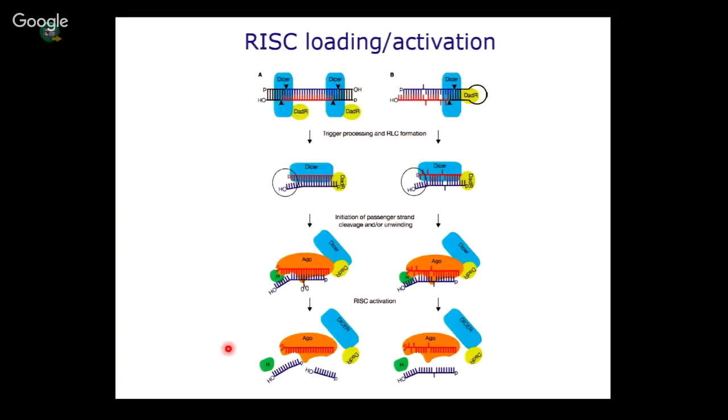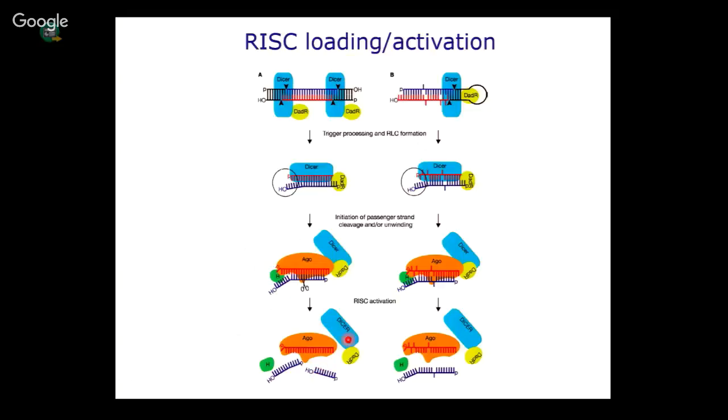So back to RISC and RISC loading activation. So far there are two mechanisms for RISC loading. The first is for the perfect match duplex. During RISC loading, Argonaute will cut the passenger strand and then release it.